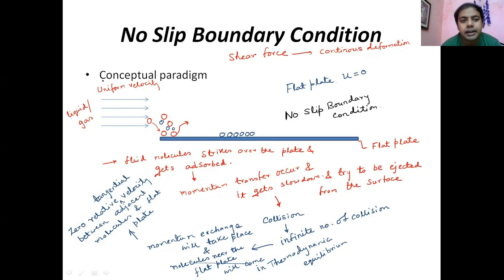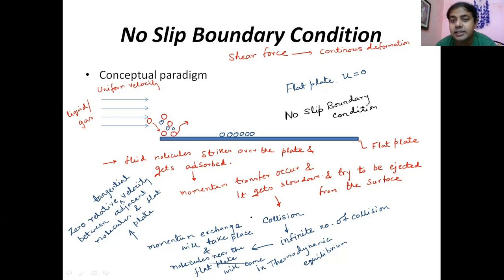It is nothing but a conceptual paradigm, a philosophy we are talking about. A concept. It is due to the infinite number of collisions taking place. Due to the infinite number of collisions, the consequence is that the molecules come under thermodynamic equilibrium with the plate.